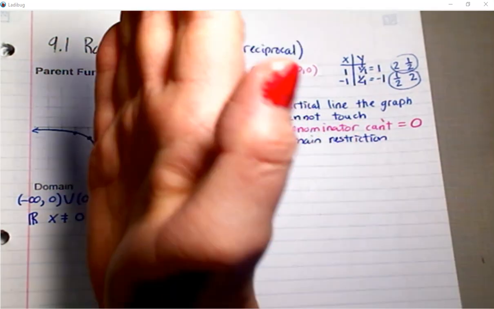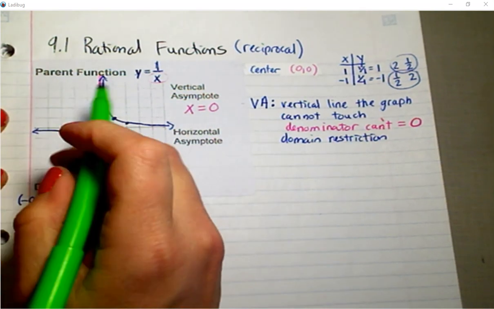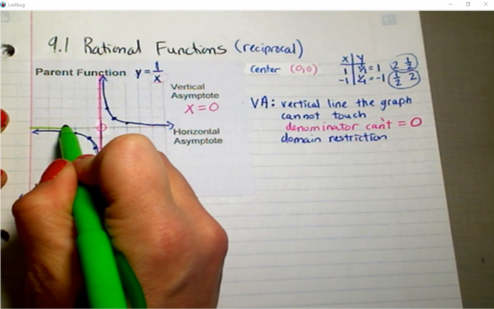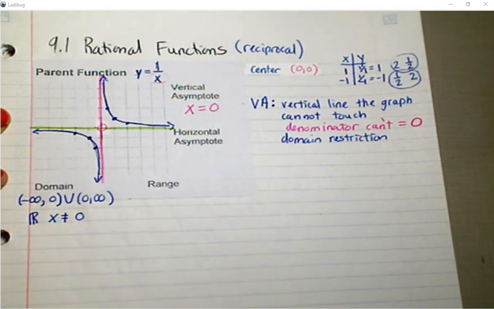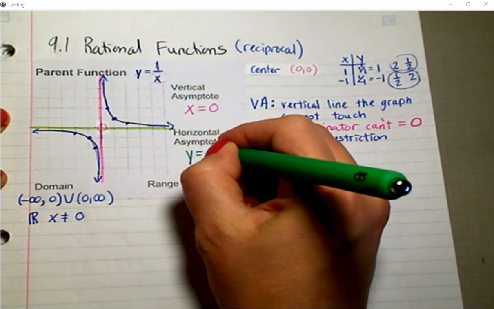So we've got one vertical line that's helping me divide these two pieces of the graph. We actually have another line that's dividing these pieces of the graph, and I'm going to do this one in a separate color just so that you can see it. This one is a horizontal line, and this one is y equals 0.